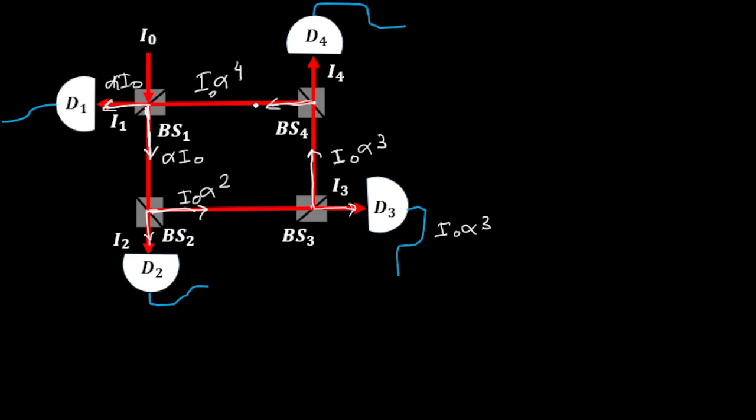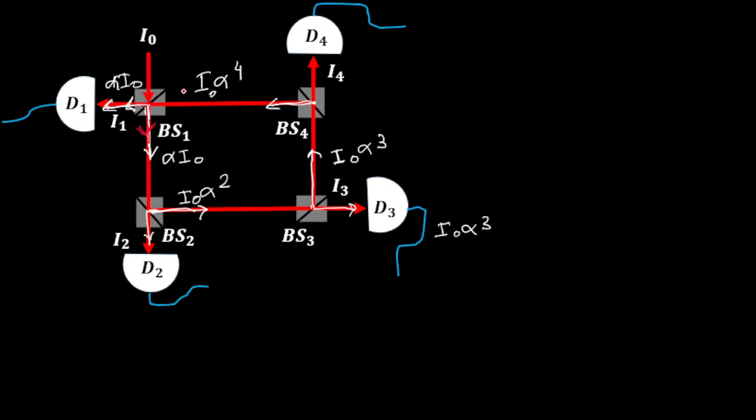Now this light again comes to beam splitter 1, where it again splits into two parts. One part goes to detector 1, and the next part comes back to beam splitter 2.